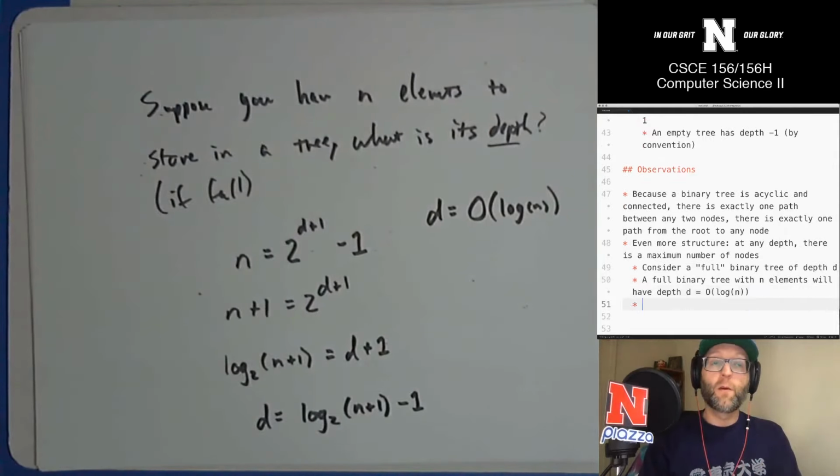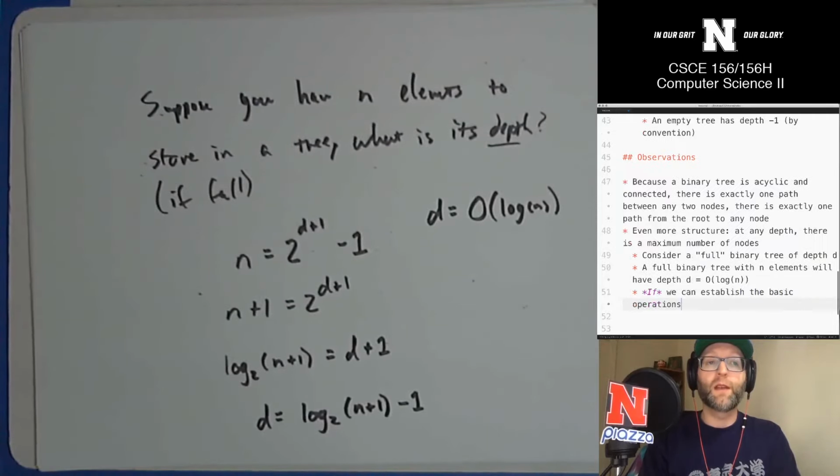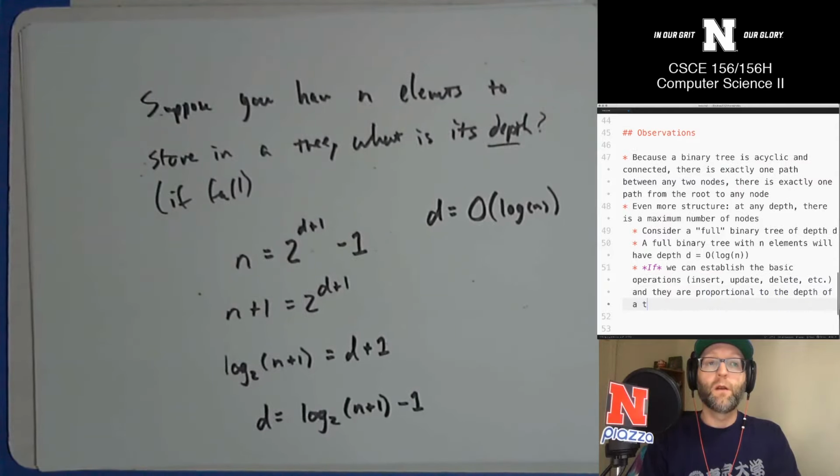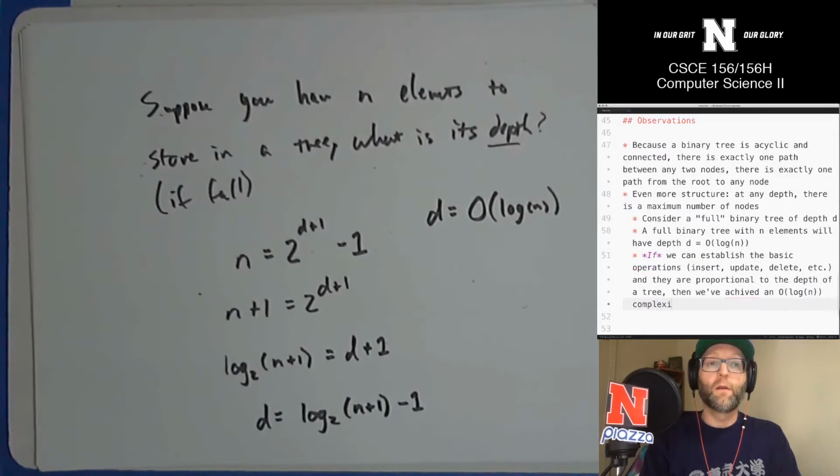Maybe the whole point here is, if, and that's a big if, we can establish the basic operations, that is insert, update, delete, etc., and they are proportional to the depth of a tree, then we've achieved our goal. We've achieved an order log n complexity for all operations.